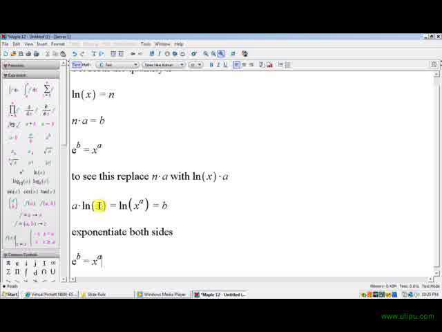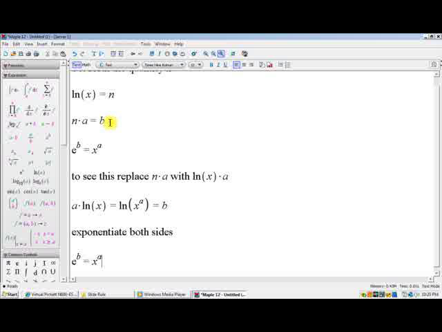We had that rule before that a multiplier out front is the same as an exponent inside. So a times the natural log of x is equal to natural log of x to the a. And we know that a times the natural log of x is equal to b, right?